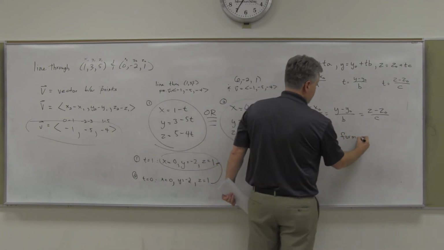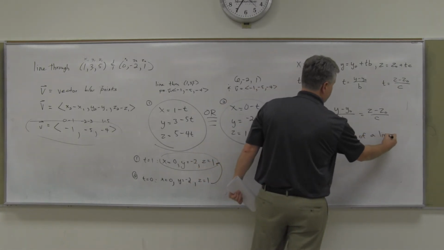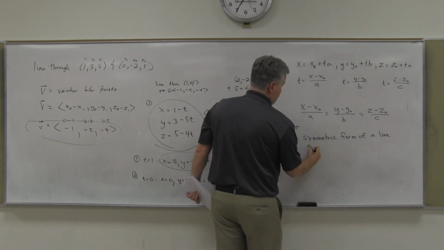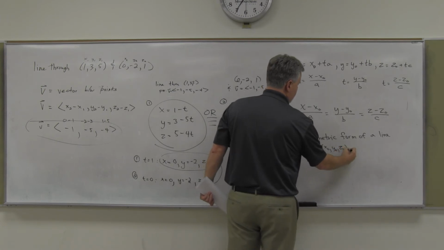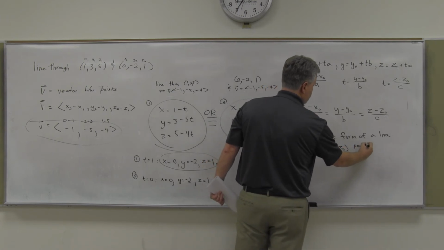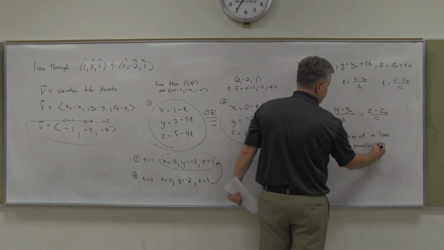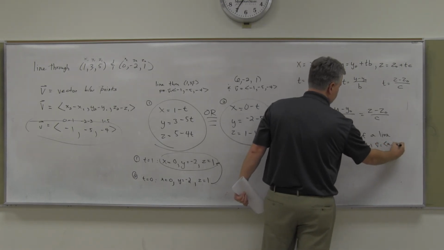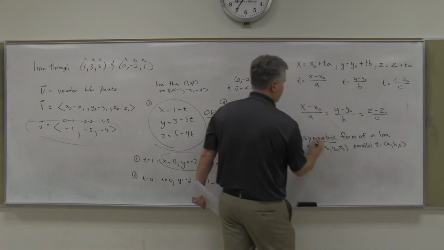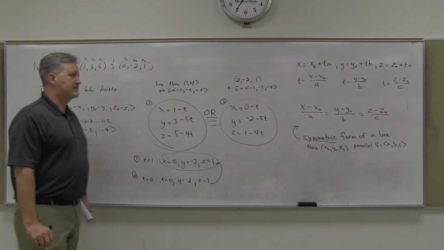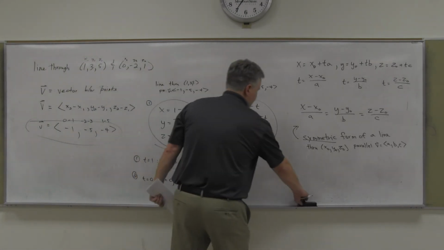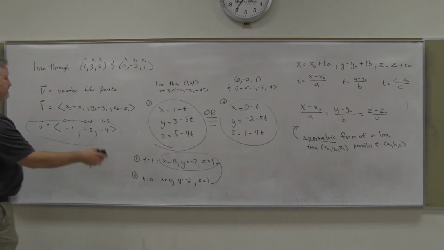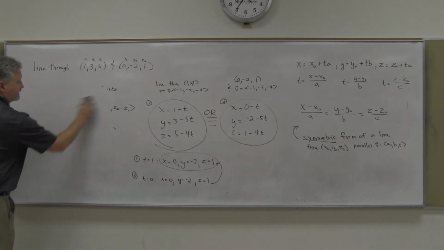Symmetric form of a line through x0, y0, z0, parallel to the vector a, b, c. Symmetric form. So they're interchangeable. And I think one thing they have you do is switch back from one to the other. So let's do that real quick here.